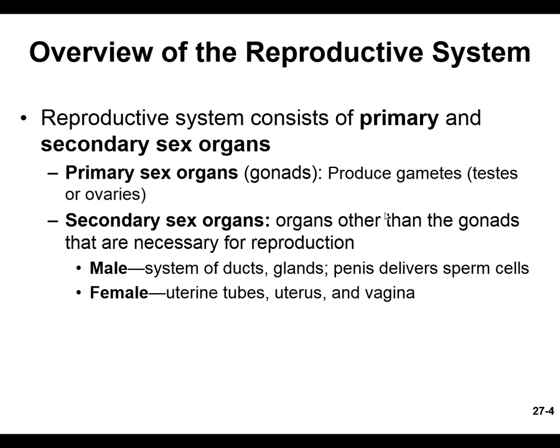So for males, it's ducts and glands that are going to deliver the sperm. And for females, it's the uterine tubes, the uterus and the vagina. The uterine tubes are important for the released egg from the ovaries, and the uterus is important for fertilization and for housing a developing fetus, and of course the vagina is important for sexual intercourse and receiving the semen.